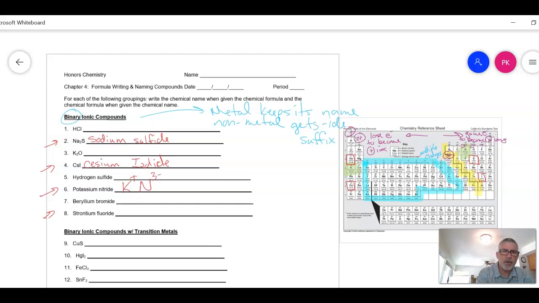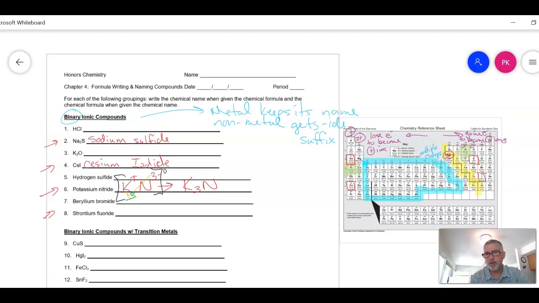If you remember the crisscross method, I bring the number of the charge to the element, so I'll end up with K3N. If I bring that 3 down here, it means I have 3 potassiums, so I'll have 3 positive charges, which will cancel out my negative charge. My overall charge will be 0, so we don't include any positives or negatives.